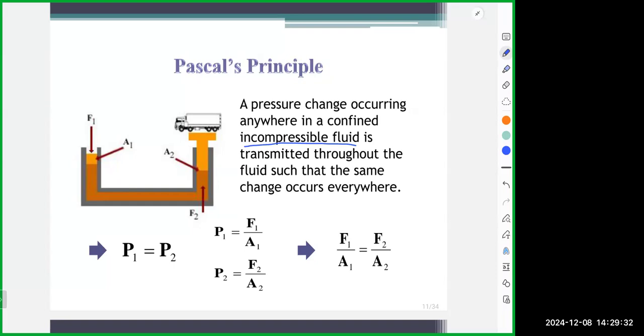Okay, and why do we have to study this? I would like you to see the picture on the left-hand side. You might see that it is the hydrostatic pump, which means there is another one called the hydraulic pump.